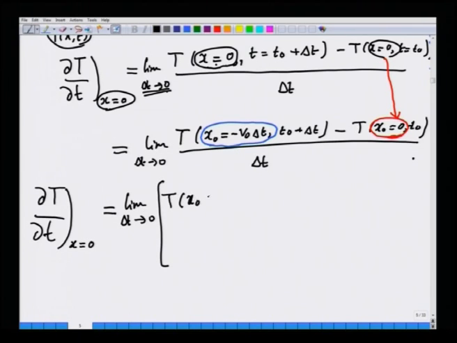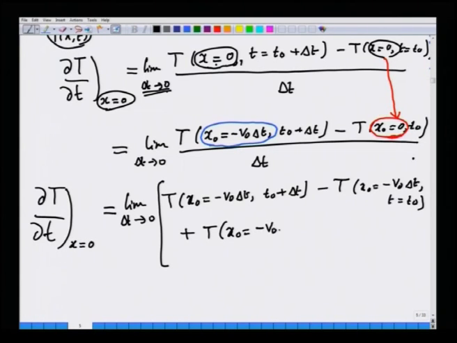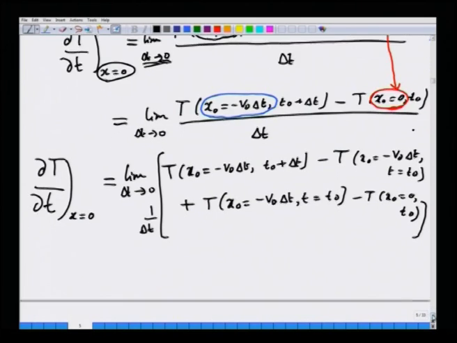Let me write the first two terms: x naught is minus v 0 delta T, time is T0 plus delta T. Let me subtract the temperature at x naught is minus v 0 delta T and time T0, and add the same thing again: x naught is minus v 0 delta T, time T0, minus T at x naught is 0 and time T0, and then divided by delta t. Let me put a 1 over delta t here, that of course stays.